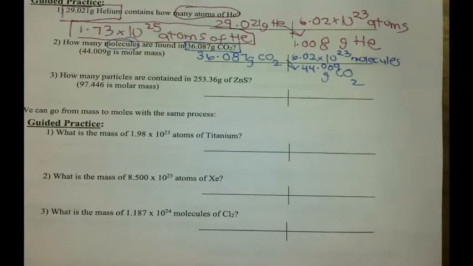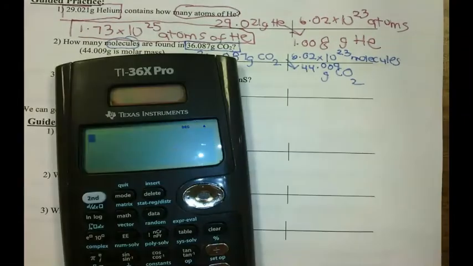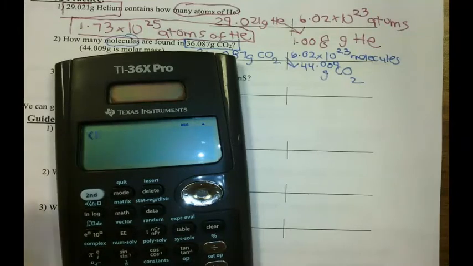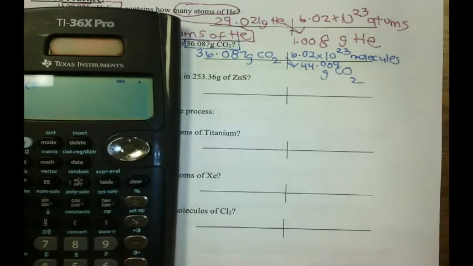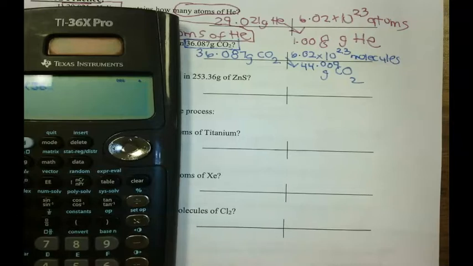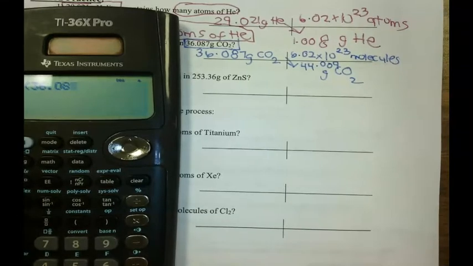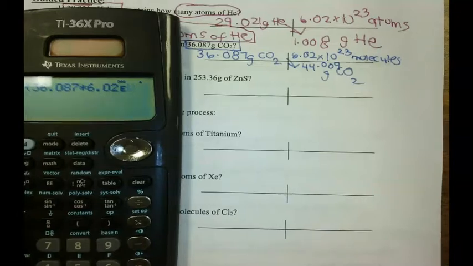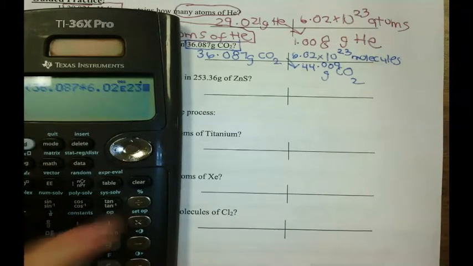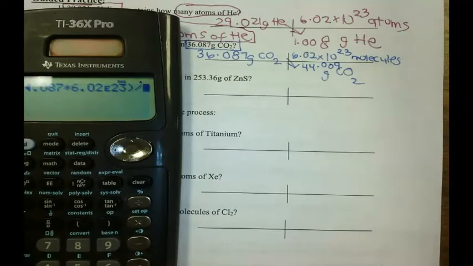All right. So I'm going to plug it in just like I did before. Open a parenthesis, and then you're going to say 36.07 0.87 times 6.02, that E key is the times 10, so you don't have to worry about that, just the 23, close your parenthesis, and then divide by what's on the bottom.